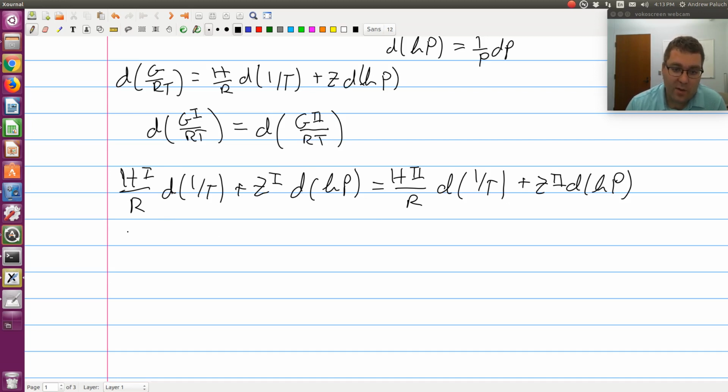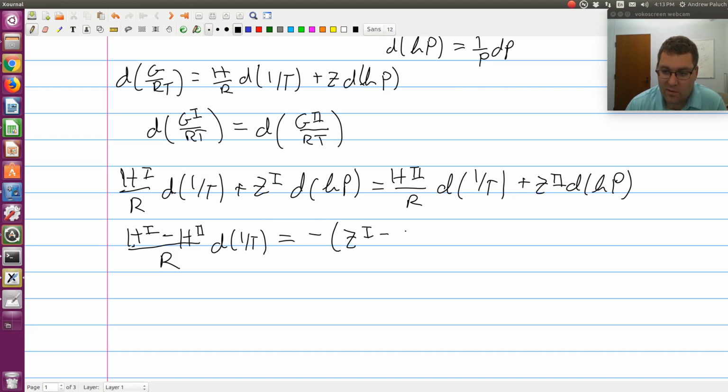If I do that, I'll have H1 minus H2 over R d inverse T is equal to, okay, it should be Z2 minus Z1, but I'm going to write it as negative Z1 minus Z2, just so the order of Z1 minus Z2 is the same on the left-hand side and the right-hand side, d log P.